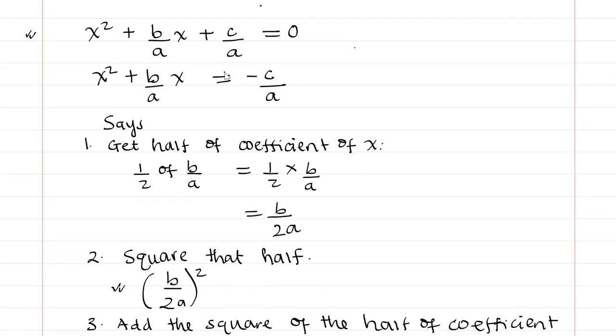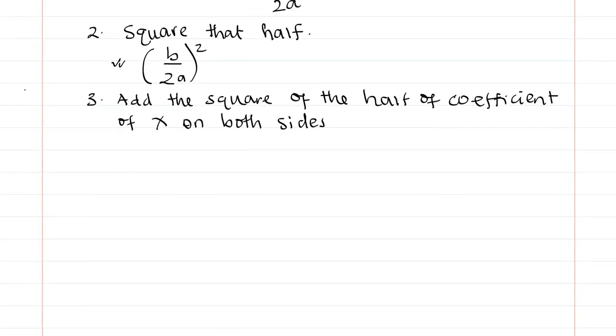So we come back here. Remember, this was our equation: x squared plus b out of a x equals negative c out of a. We are supposed to add the square of the half of the coefficient of x on both sides.